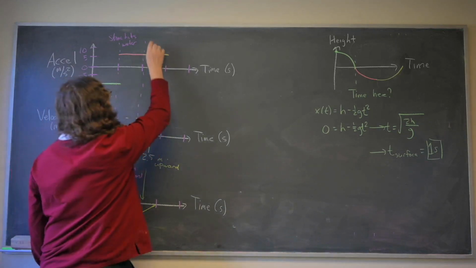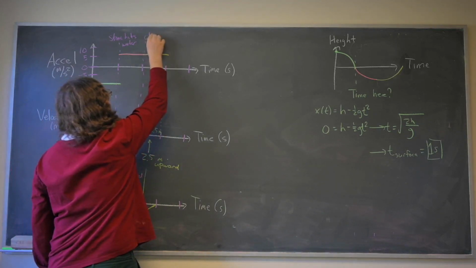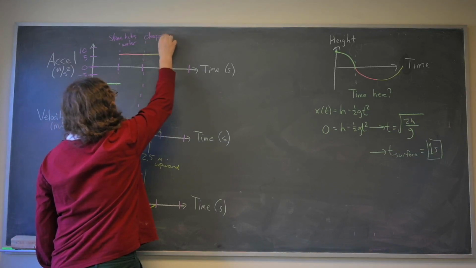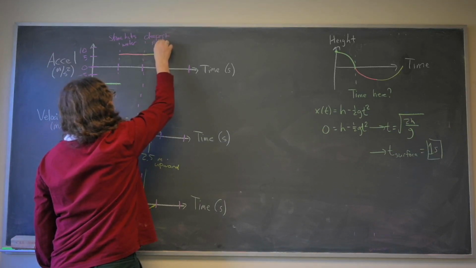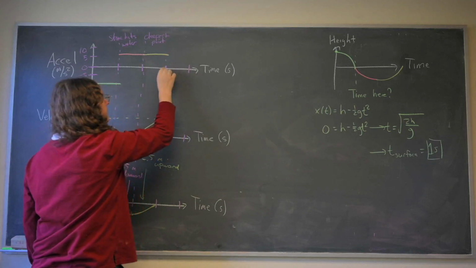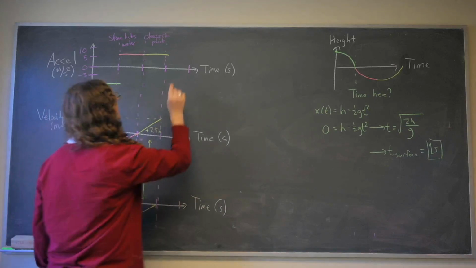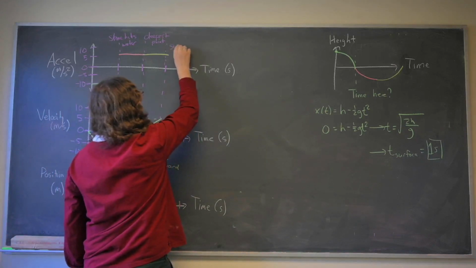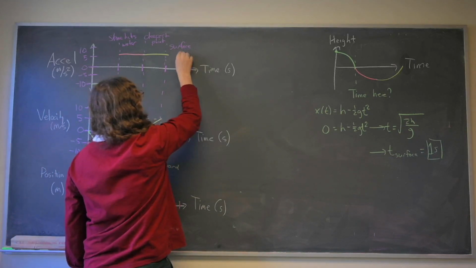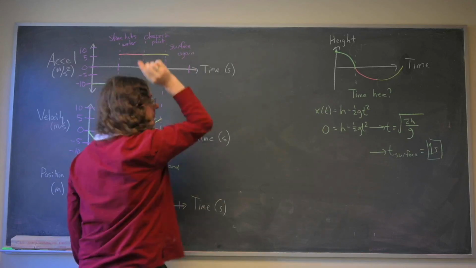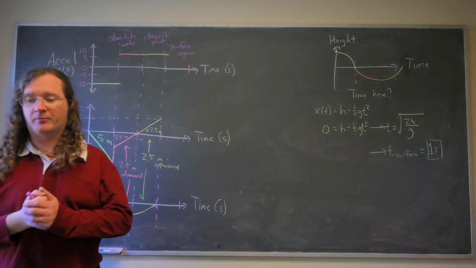At 2 seconds, this is the deepest point. And this time, at 3 seconds, we reach the surface again. So that's the corrected solution to question 1 on the practice exam.